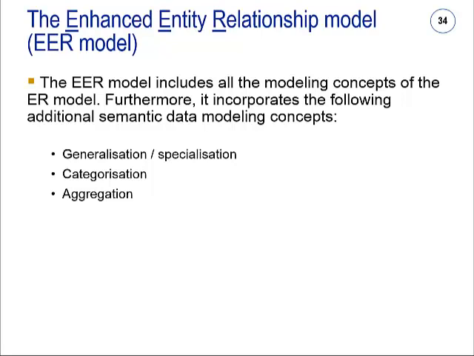These modeling concepts allow us to capture even more semantics of the universe of discourse than the plain vanilla ER model. In what follows, we will discuss the EER modeling concepts of generalization, specialization, categorization, and aggregation.